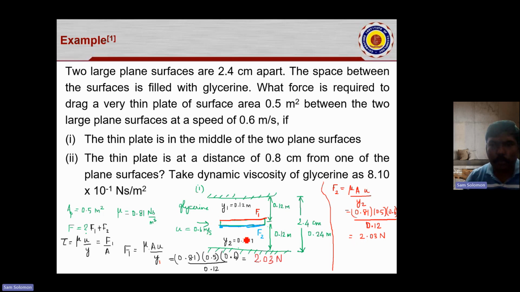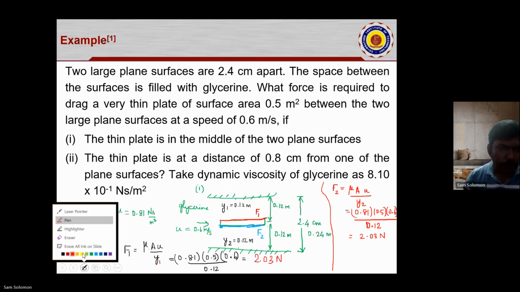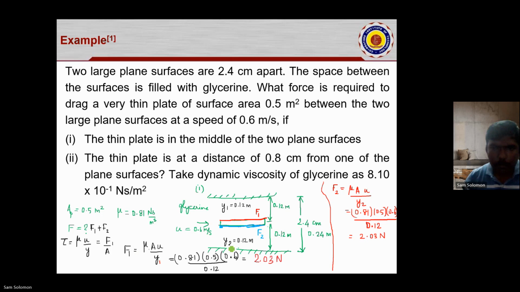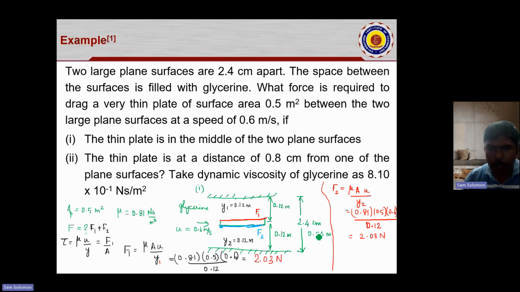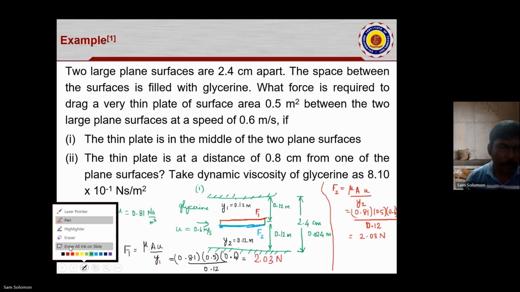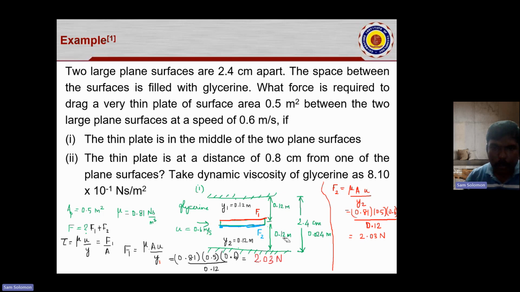This is 2.4 centimeter apart, right? So it's going to be 0.024 meters. So this distance is supposed to be 0.024 meters.